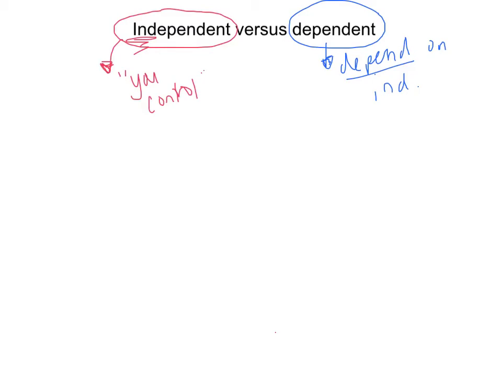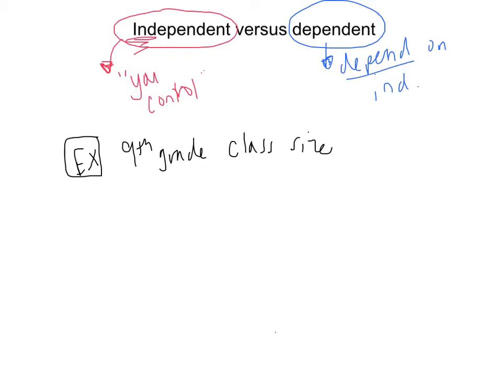Let's look at an example where we can identify each variable. Let's just say we're talking about the high school 9th grade class size. And if we're given data and we're given the year, because it's going to change every year, and then we're given the number of students each year.